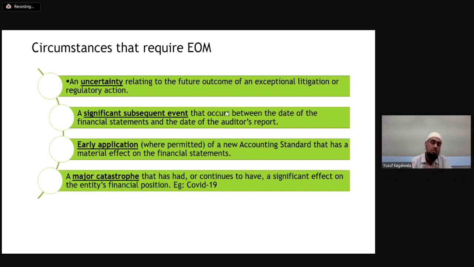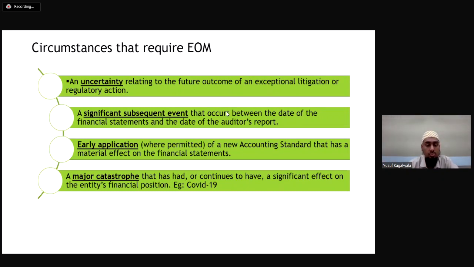Now, when they are disclosing anything as per the new standard, there's quite a lot of change. This is an early application, not mandated by the standard. Wherever it is mandated by the standard, it is already in compliance. Early application is in compliance, but it is something which a user should know that the early application has taken place. So EUM is required.